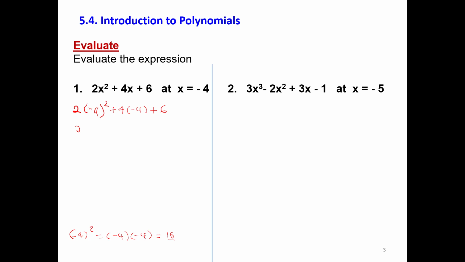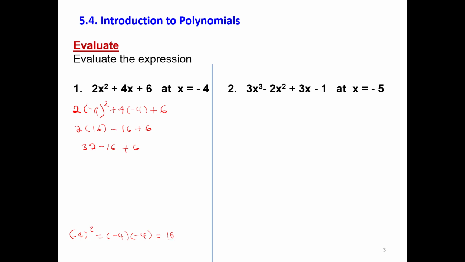And that's why here it is 2 times 16. Positive times negative is negative, 4 times 4 is 16, plus 6. 2 times 16 is 32, minus 16, plus 6.